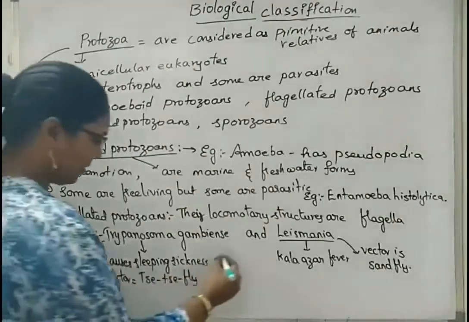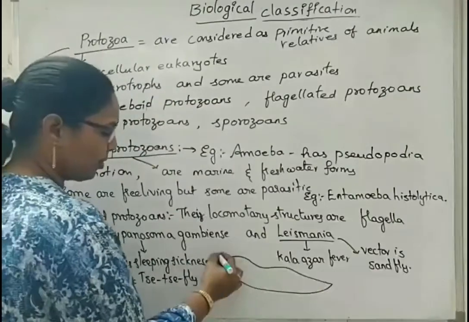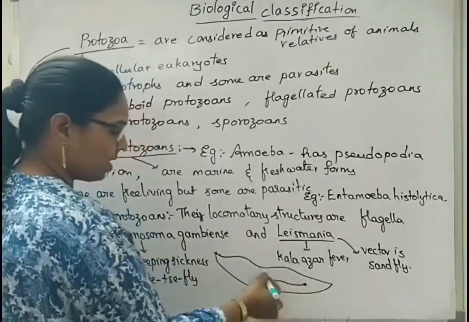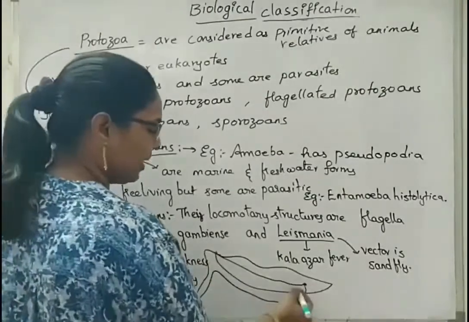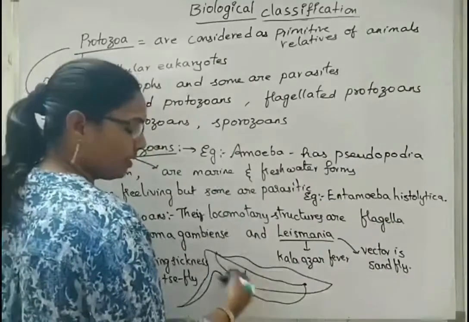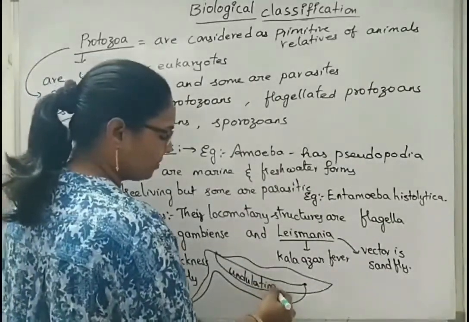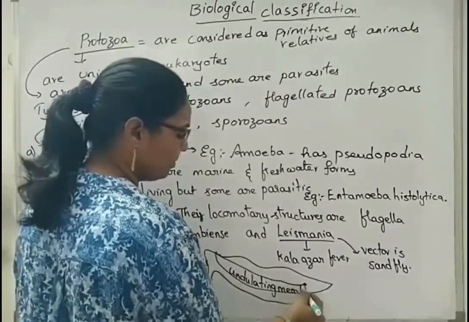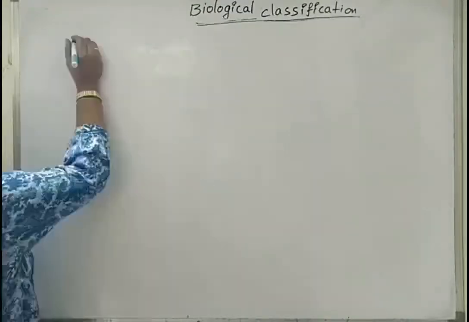If you see Trypanosoma gambiense, a protozoan, one membrane starts here. This membrane is called the undulating membrane, which is transparent. We see it in Trypanosoma gambiense.